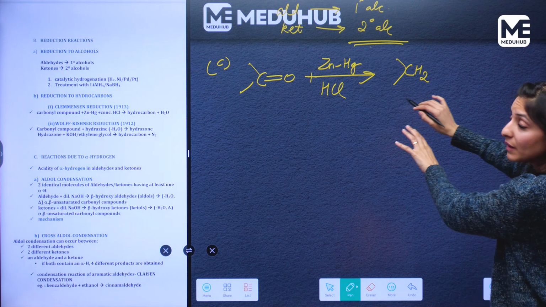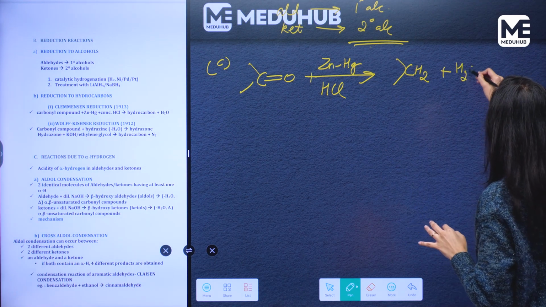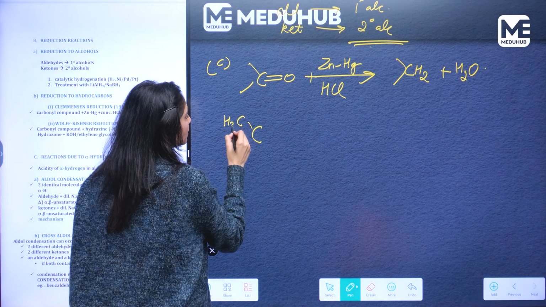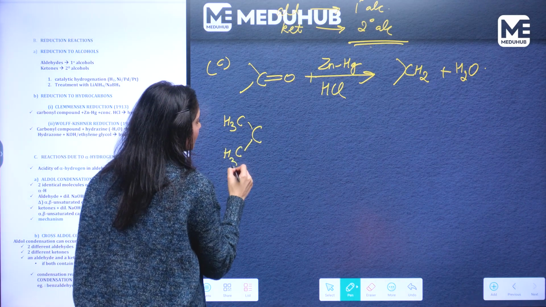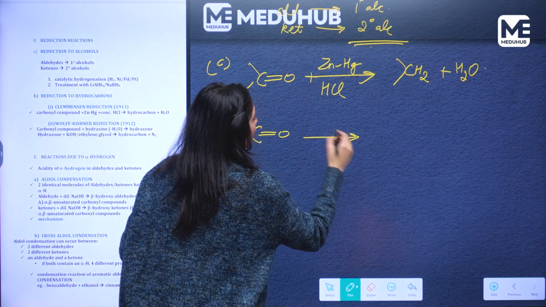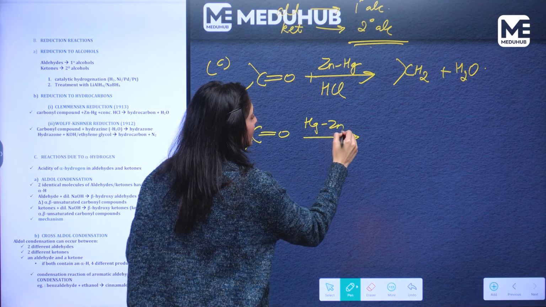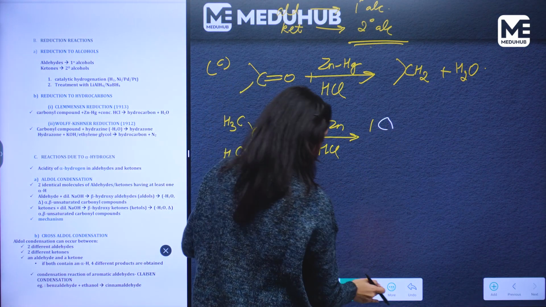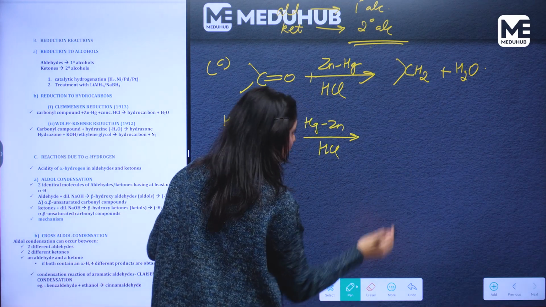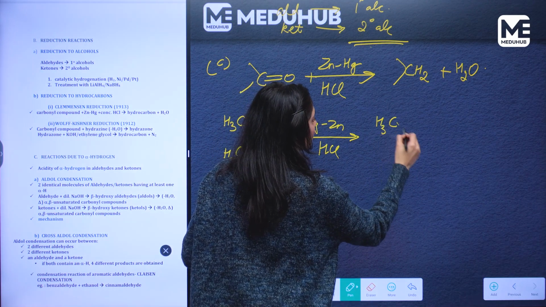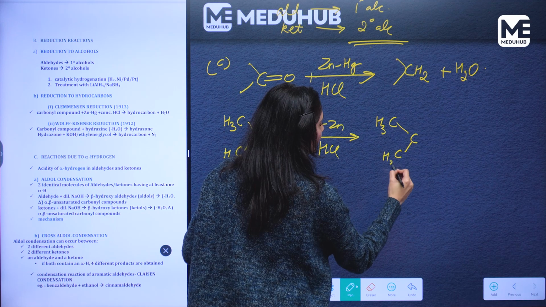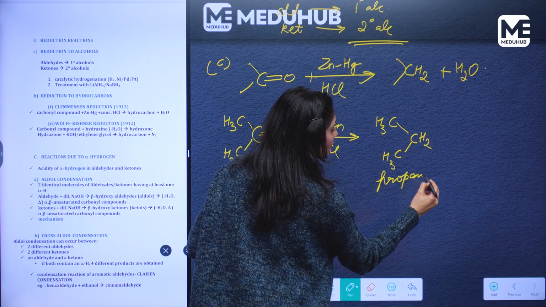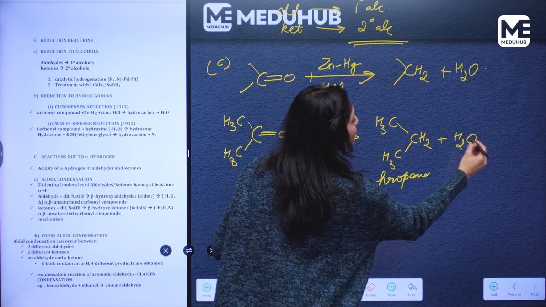That is, we get a hydrocarbon here plus water. So for example, if we have a ketone like acetone, in the presence of zinc, mercury and HCl, we will get propane and water as the product here.